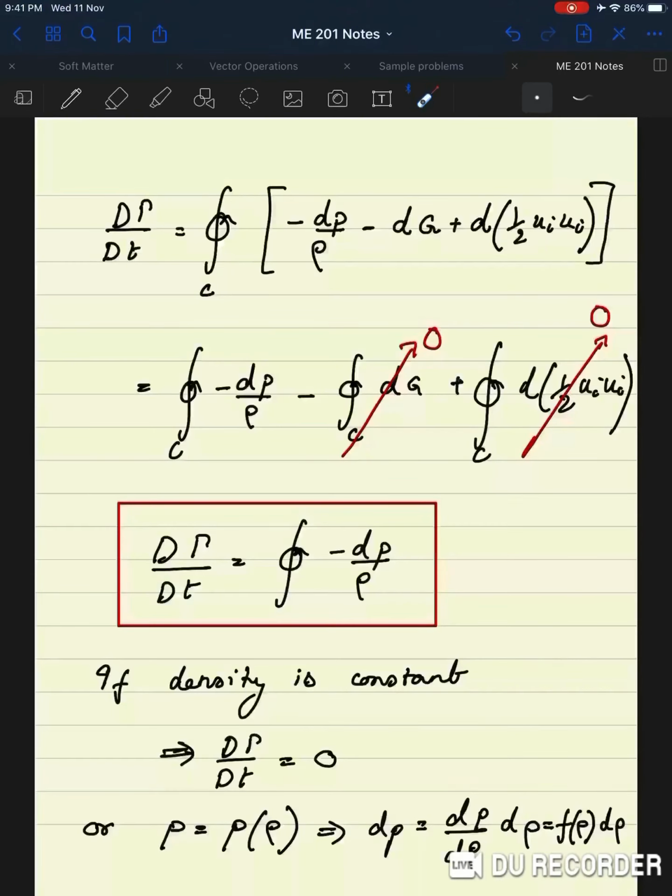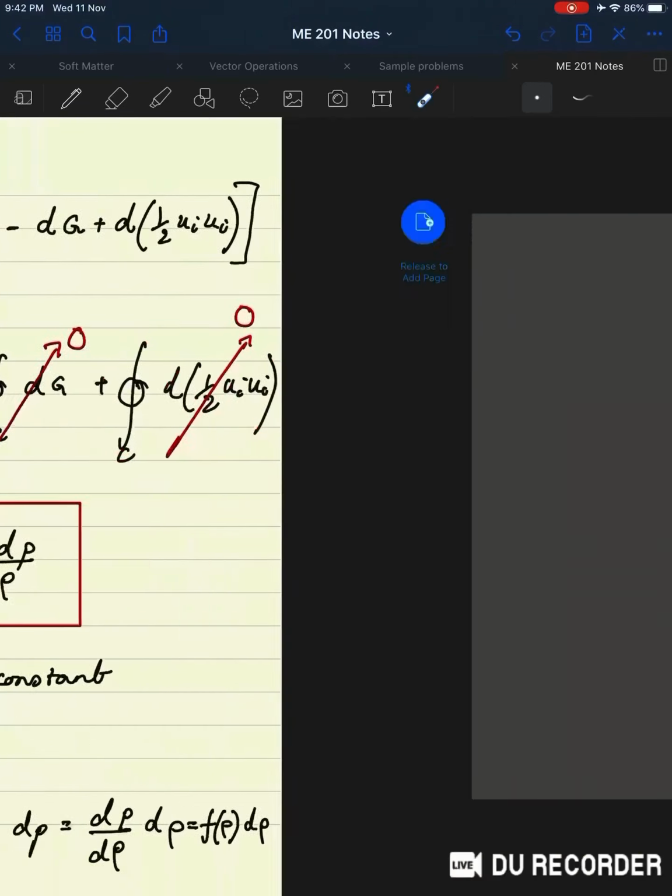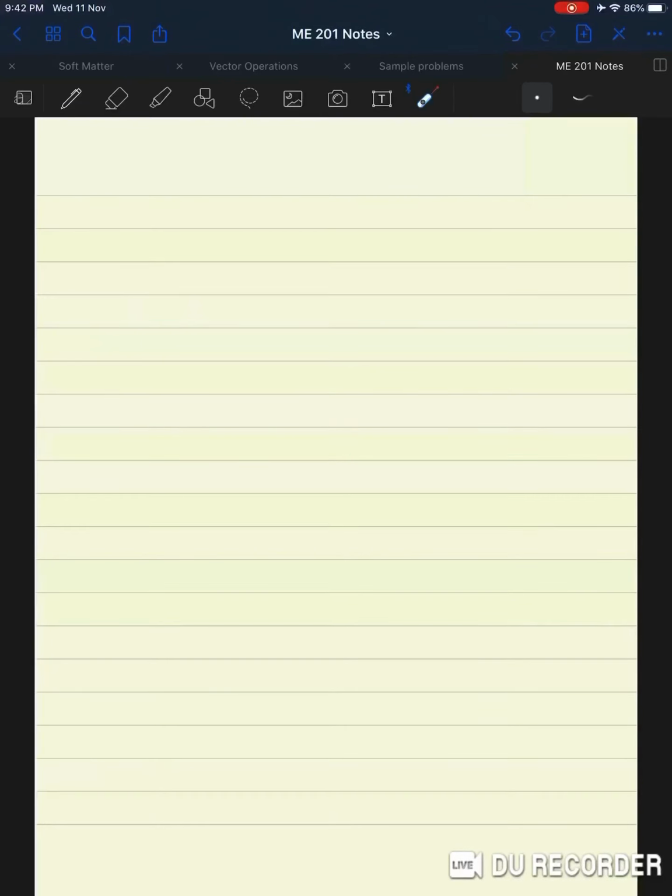So then you will end up being able to evaluate this as some function multiplied by d rho integrated over a closed contour. And if density is again a single valued function, this entire thing is going to go to 0.